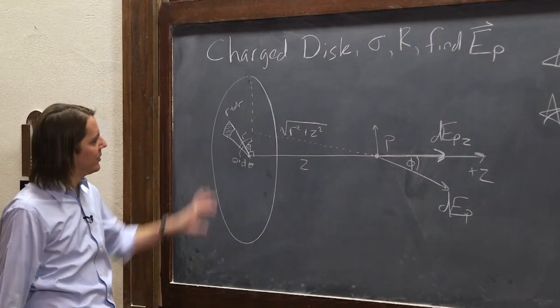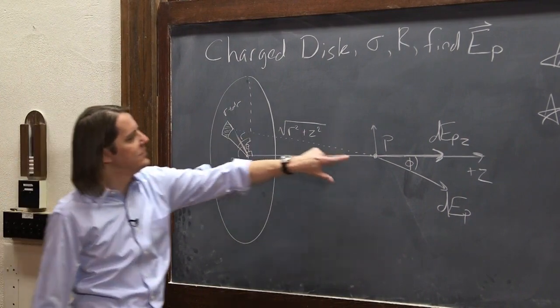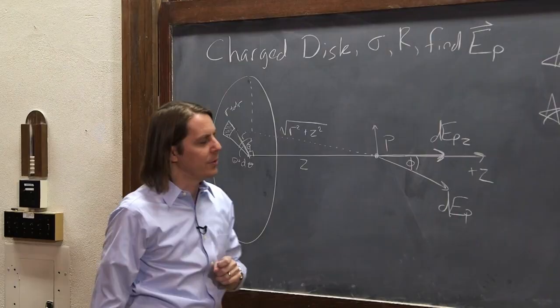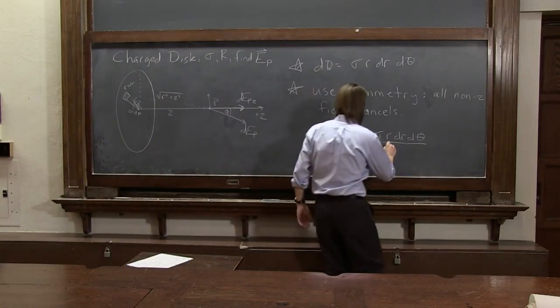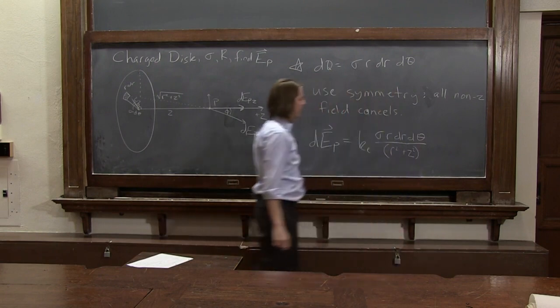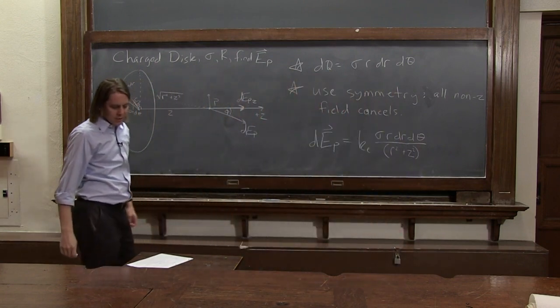It's getting a little messy in here, but this is r, this is z, therefore the hypotenuse is the square root of r squared plus z squared. And we need to square it in the bottom. So there's the bottom.